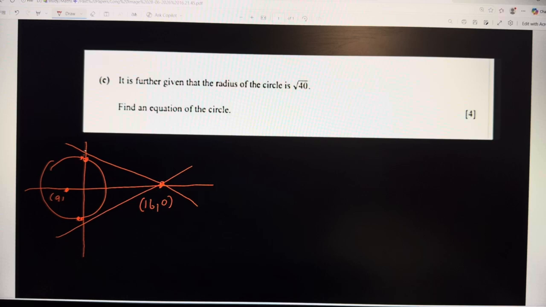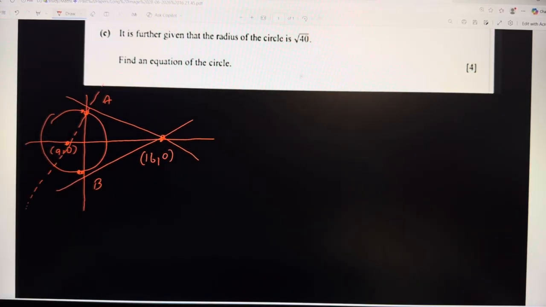Also, we found that this is point A and B. We know that the normal to this curve passes through the center like such, and we also know its equation, which is y is equal to 3x minus 3a, and x minus 3y is equal to 16 at B, and x plus 3y is equal to 16 at A.